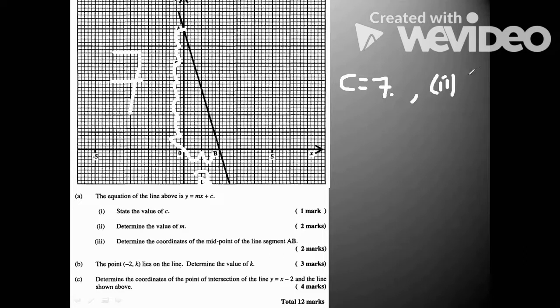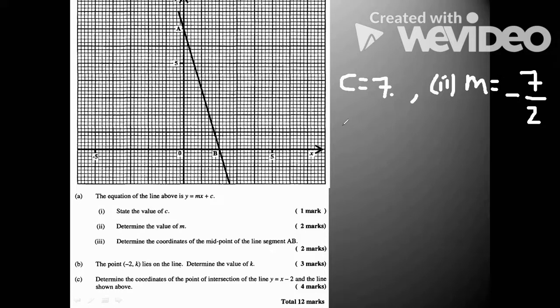So the gradient is 7 over 2. But remember we said that the line is falling to the left, so that's going to be negative. Now you notice whenever you're using the formula, the negative sign comes up naturally, mathematically.